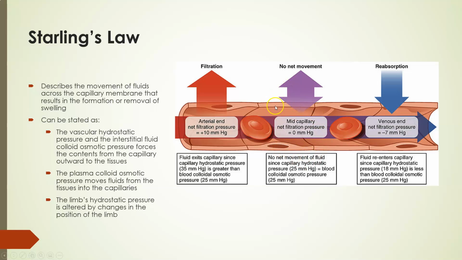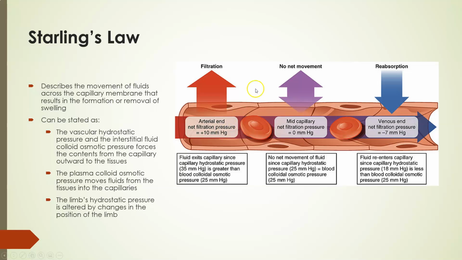We have fairly equal pressures at the mid capillary, and then at the end, the blood pressure you can see has decreased greatly, but the osmotic pressure doesn't change because we don't have a change in the solute concentration, right? We're only moving fluid, but we still have blood cells, plasma proteins, all that within the capillaries that are pulling fluid back in.